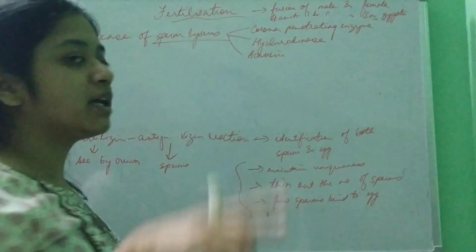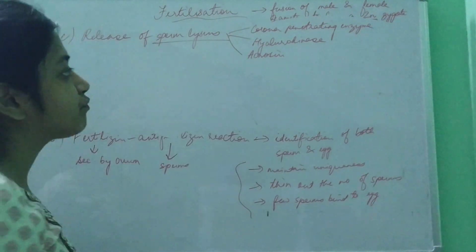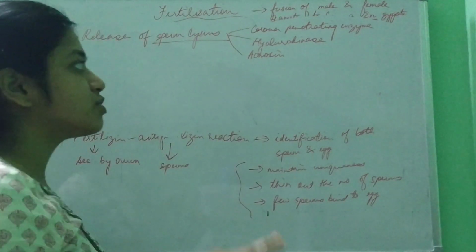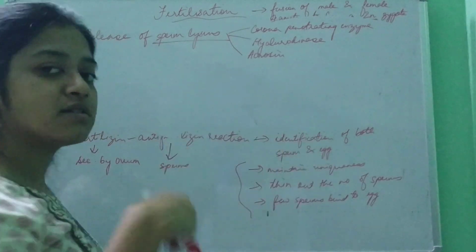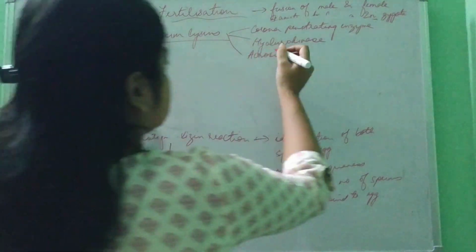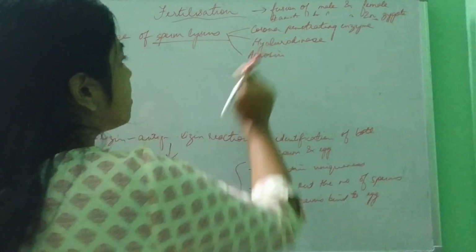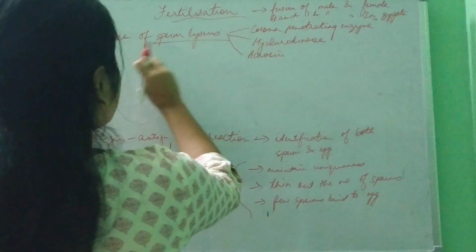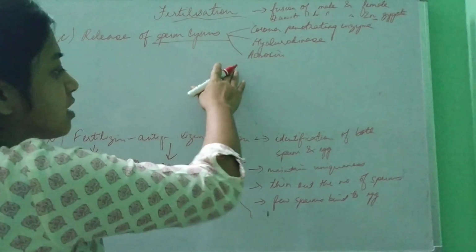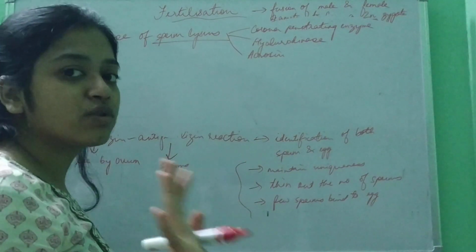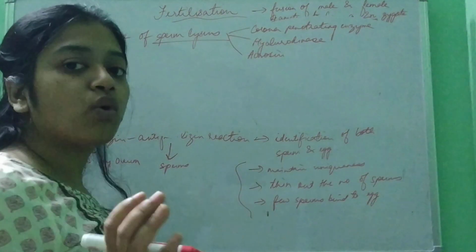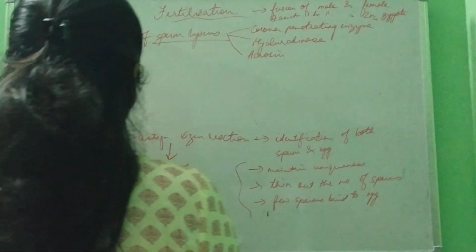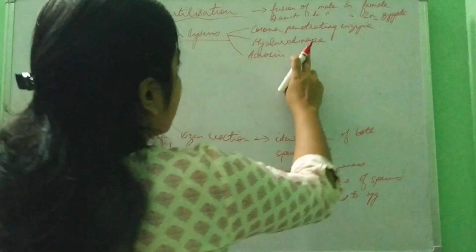We know there are certain membranes covering the egg cell. The membranes should degenerate, or have to be gone, so that the sperm can enter the egg membrane or enter the egg. That is why these three sperm lysins are required. So the sperm will release these enzymes and the membranes will be gone so that the sperm can easily enter the egg. This corona penetrating enzyme, as the name suggests, will digest the cells of the corona radiata.